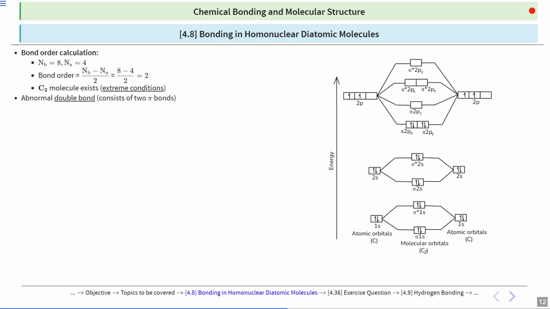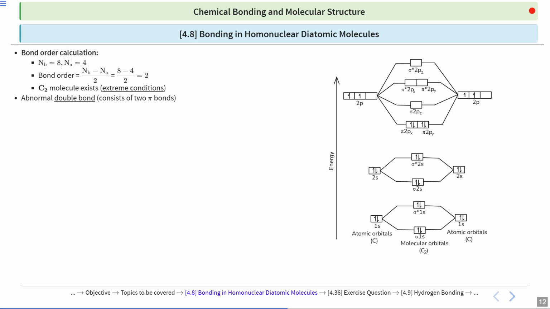Okay. So the sigma 2s bonding is cancelled by the sigma star 2s. Sigma 1s bonding electrons are cancelled by the sigma star 1s. But the pi 2px and pi 2py are not cancelled out. And 4 of these electrons are lying in your pi molecular orbital. So these 2 bonds will be pi bonds. Okay, it's very, very important that your carbon molecule will have no sigma bond.